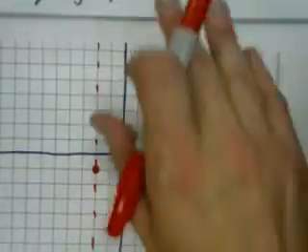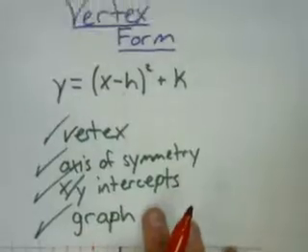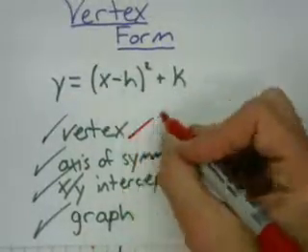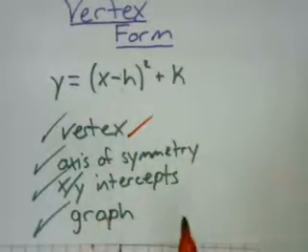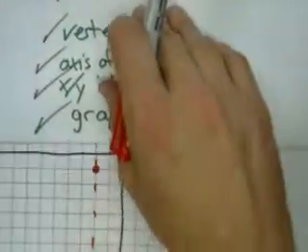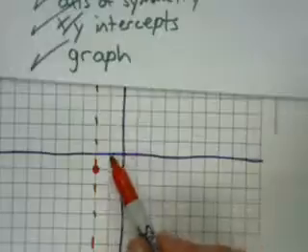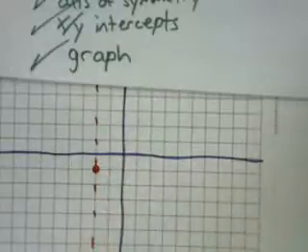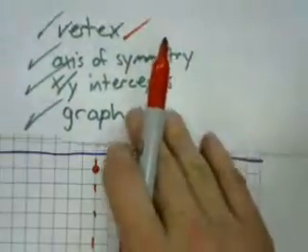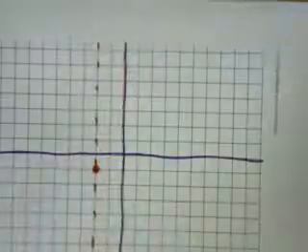That's my second question on here. Going back to the original: vertex, done. Axis of symmetry: this line right here is x equals left 2, so x equals negative 2. So the axis of symmetry is x equals negative 2.